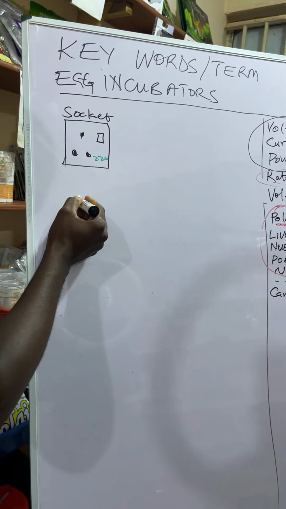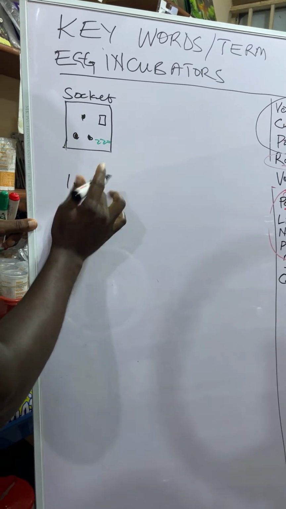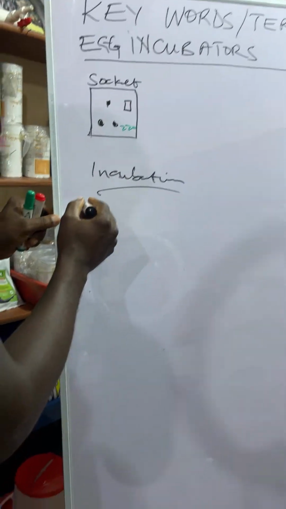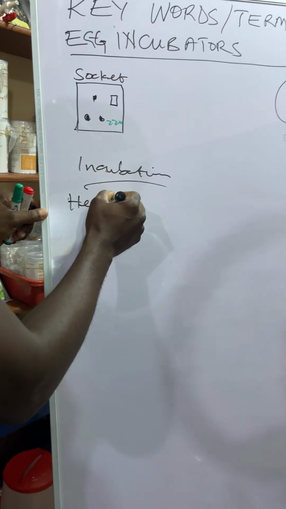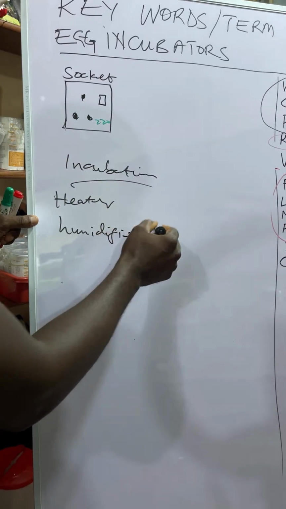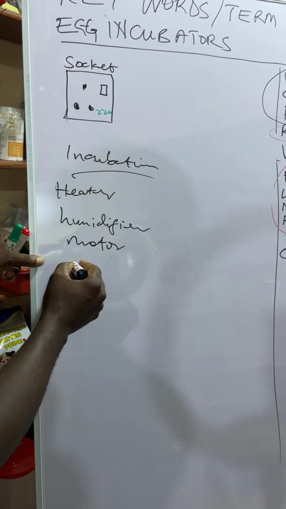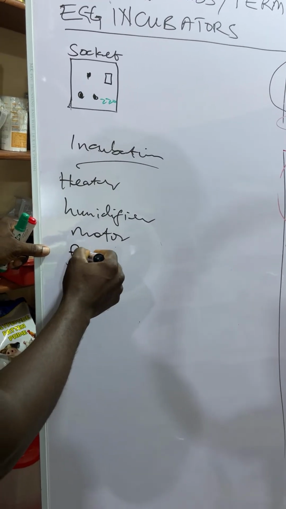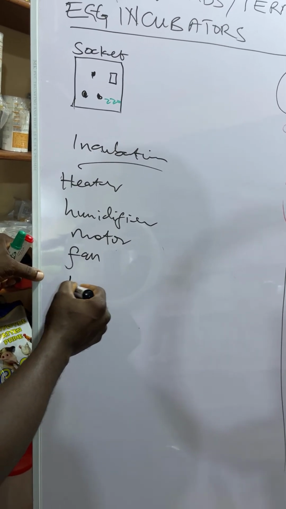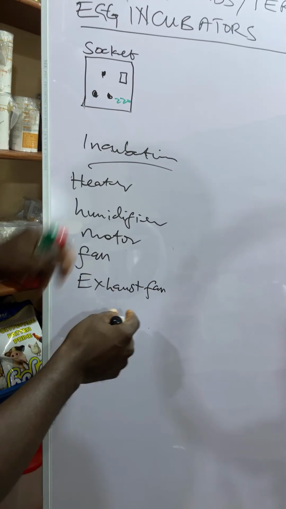Yesterday we said a good incubator should have a heater, heater control, humidifier, motor, ventilation fan, and an exhaust fan to control overheating, just to mention a few.